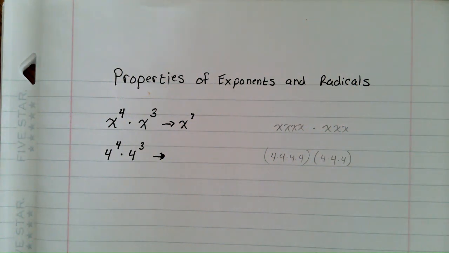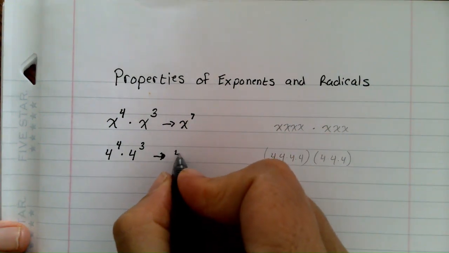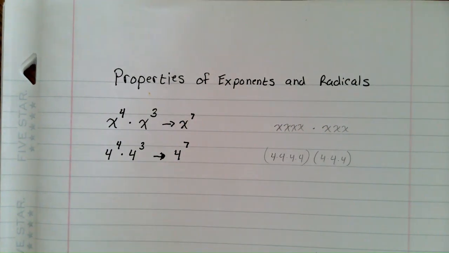There are 7 4s there. So this is 4 to the 7th. You might find you or one of your friends has mistakenly made that base 16. We don't have 7 16s, we have 7 4s. So make sure that when you're adding your powers, you're keeping your base the same.